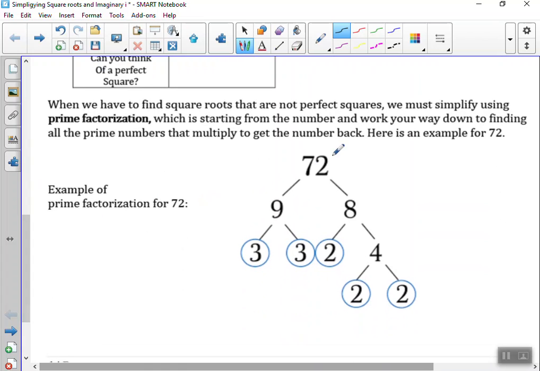And also, I wanted to review prime factorization. We did this last week as well. When we do prime factorization, we take a number, for example 72. This is the same example I had in your other lesson. You think of 2 numbers that multiply together to give you 72. 9 and 8. Do I have any other numbers? What else goes into 72?